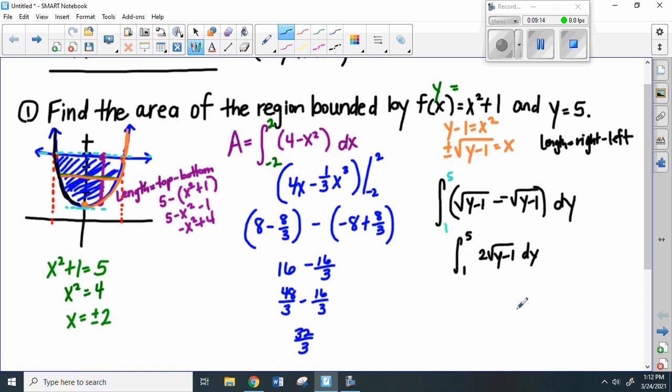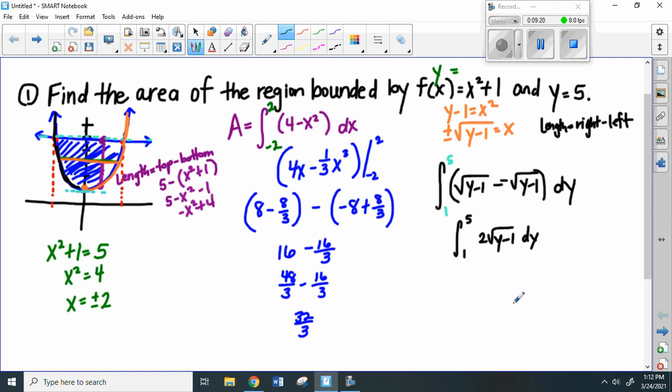This one would actually require u substitution, and that means you're going to have to change your bounds. So just for the practice, let me run through that. Because of the square root, this requires u substitution, where what's underneath is your u.